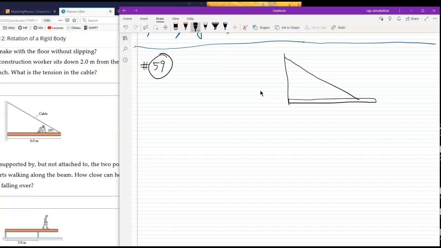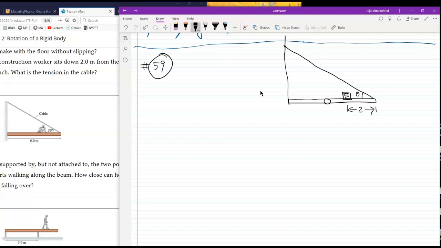I want a better cable. There we go. That's a little bit better. Okay, we have the guy. I'm just going to make him into a block like that. Okay, and this is 30 degrees. I'm going to make it theta for now. And this is 2 meters.